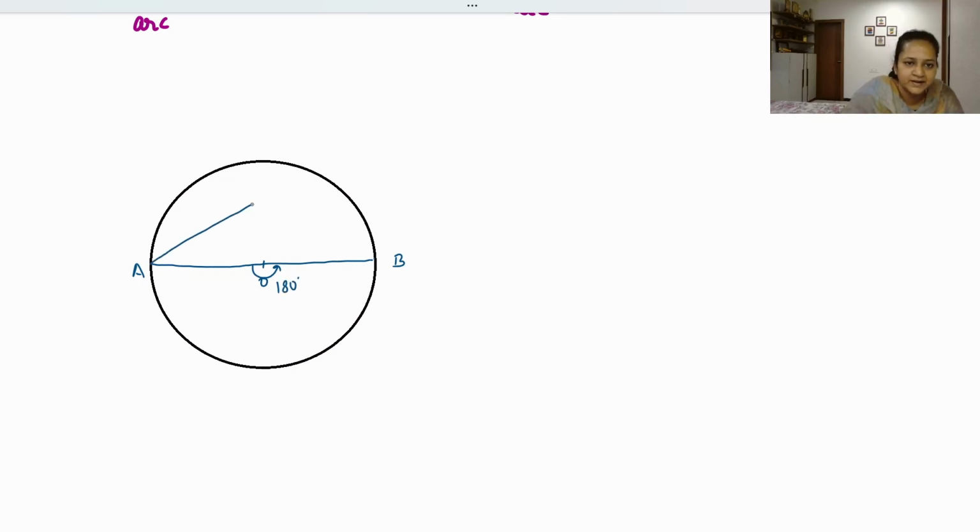Okay. What about angle APB? APB is an angle subtended by the semicircular arc at a point, let's call this point P. By the theorem, we know that the angle subtended by the semicircular arc AB at the center O is double the angle subtended by the same arc at a point on the circle.